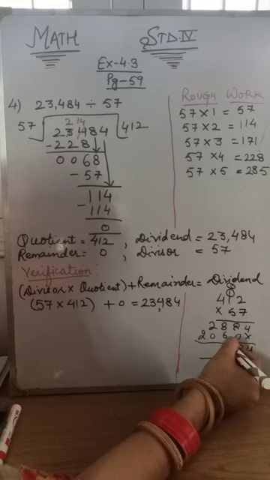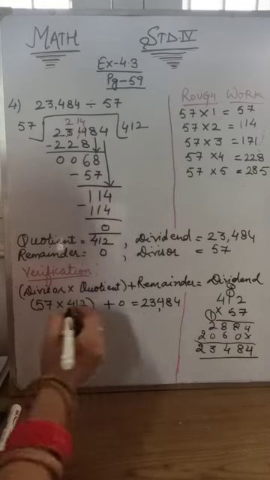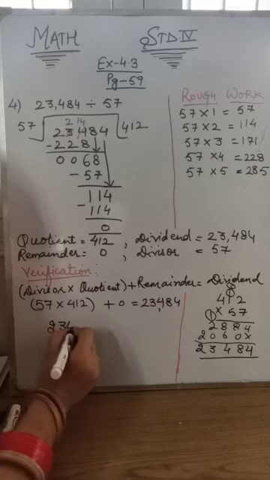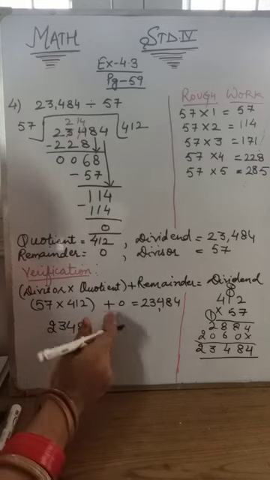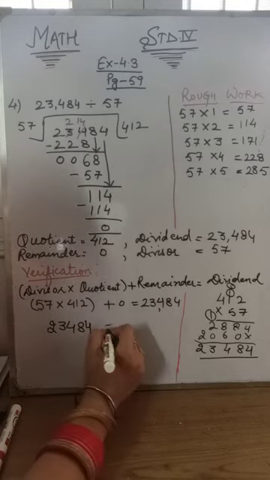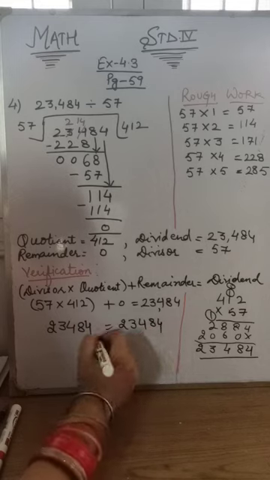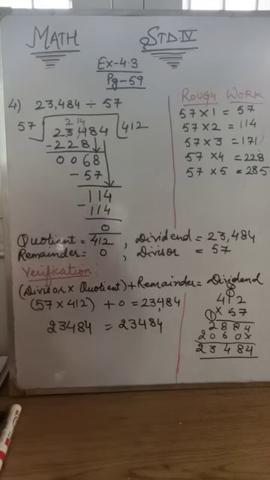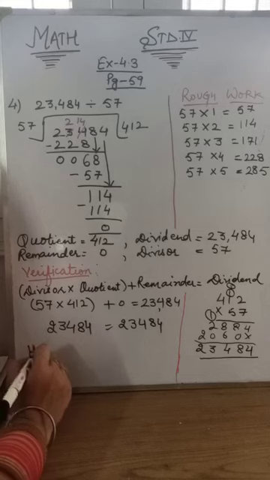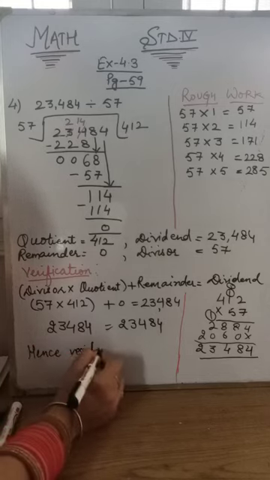Adding gives 23,484. Plus 0, we will add, the answer will remain the same, equals 23,484. So both the answers are the same, both sides are equal. So we will write hence verified.